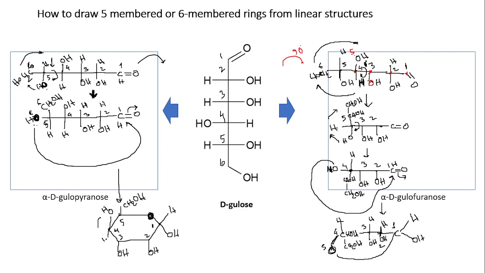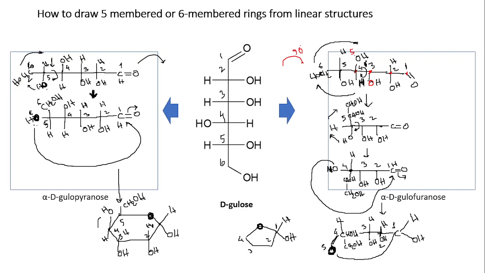You can draw the hydrogens if you want to, but this is how you are going to draw glucopyranose as a 6-membered ring. Okay, so if you want to draw this one like that, let's draw it like this. Okay, this is your O, this is your O. Okay, this is position number 1, which has a H and OH pointing down because of alpha. This is, let's say, 2, 3, 4.